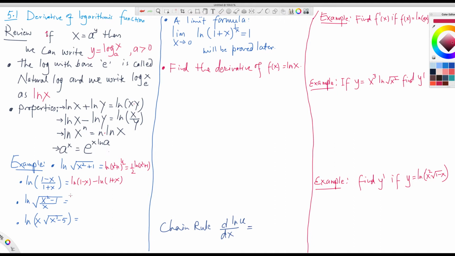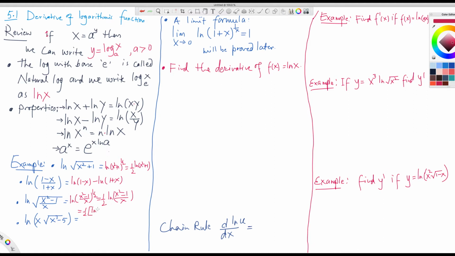So how about here? You can write this as ln, and then you can write x squared minus 1 over x to the 1/2, right? You can write 1/2 to the front and then write ln x squared minus 1 over x. Now how do you simplify that? You can write basically 1/2, write down a bracket. This is a quotient, right?